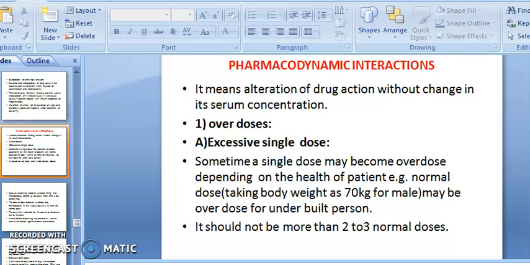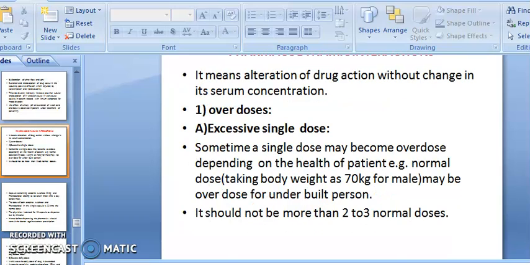For a person below or above 70 kg, the dose is not being considered. It should not be more than 2 to 3 normal doses.